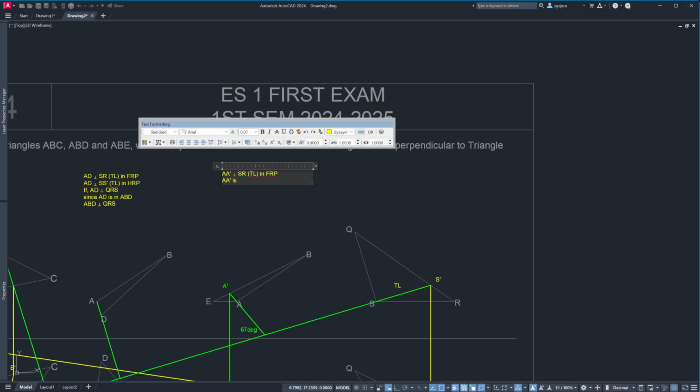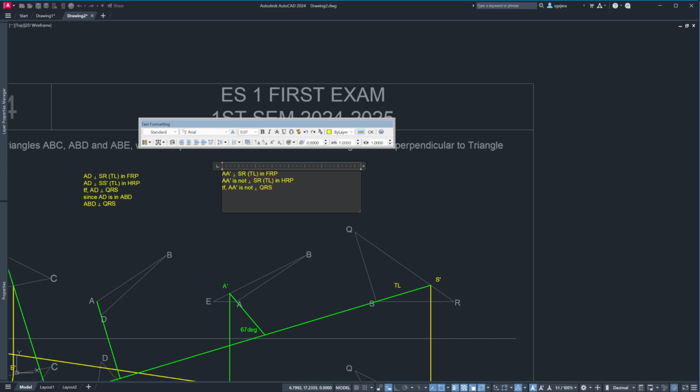So, I'll just say is not perpendicular to SR, which is a true length in HRP.